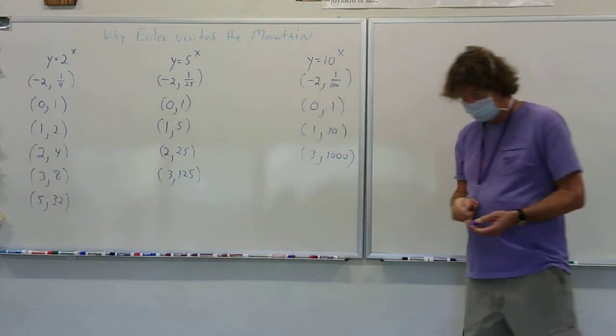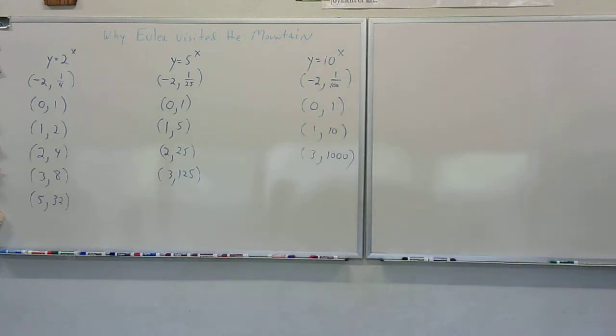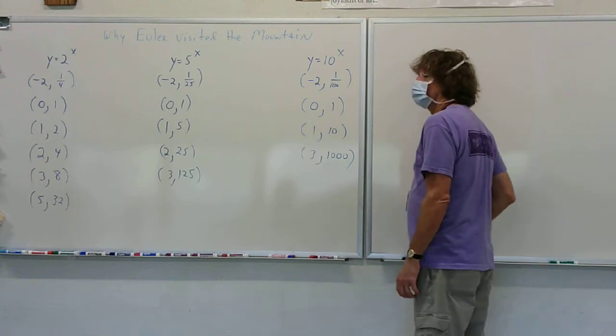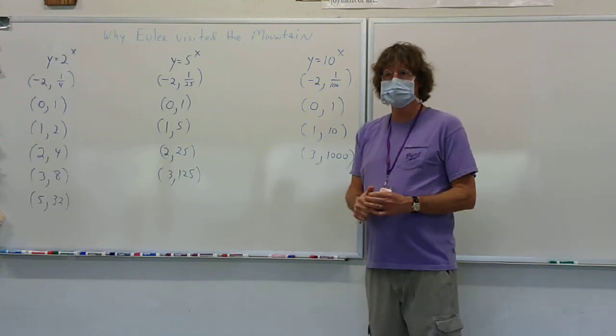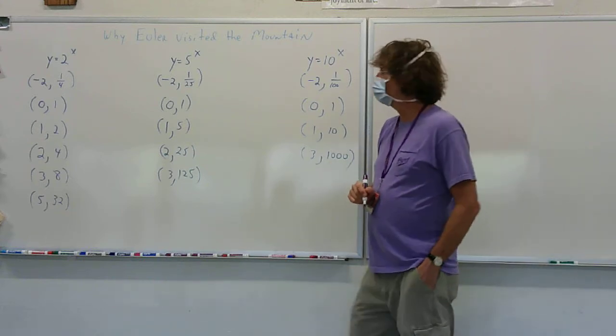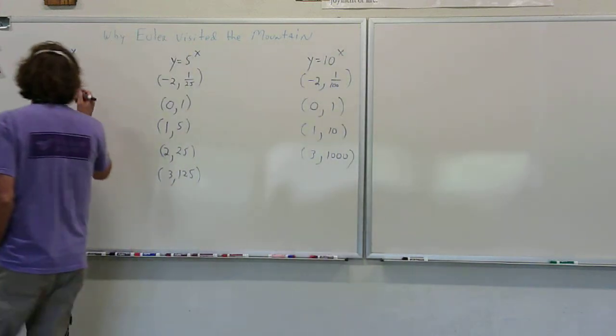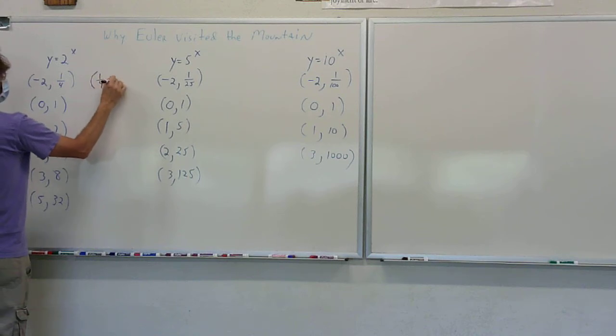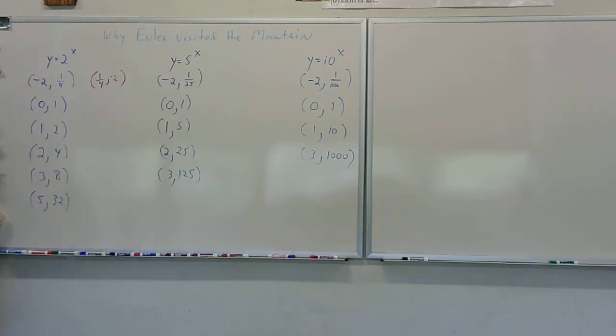All right. Now, let's talk about the inverse of each one. Does everybody agree the inverse for this one would be, if you put 1/4 in, you'd have to get what? -2, right?